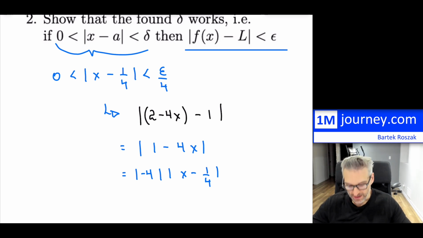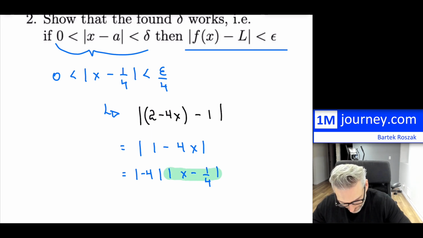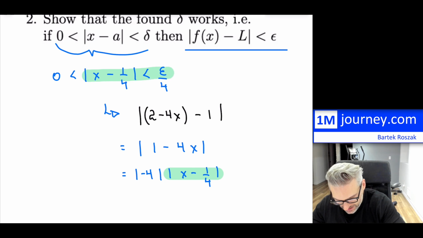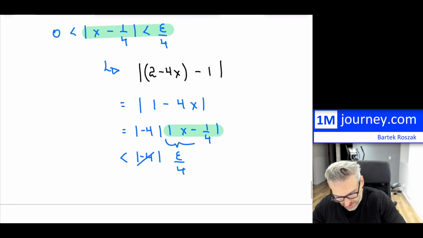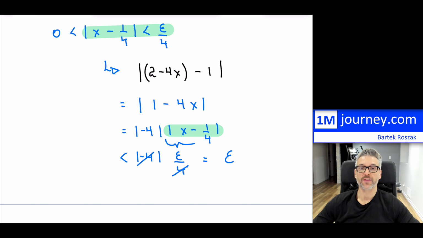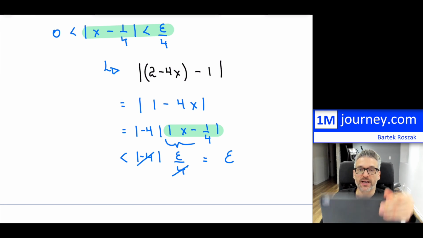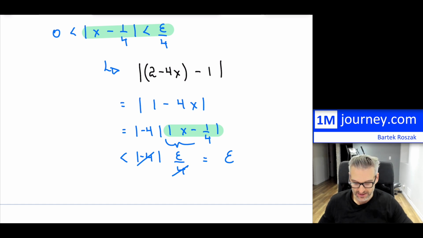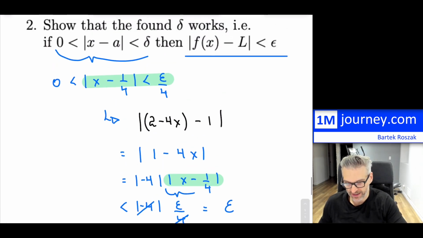Now you can substitute: it is less than negative 4 times epsilon over 4, and this and this cancel. Then you have shown that f of x minus L indeed is within the bounds of epsilon, right? So this is what you would have. And now again, you can show that this is the desired delta. And if we switch this back in, let's take a look here.